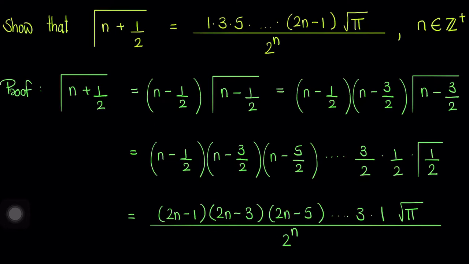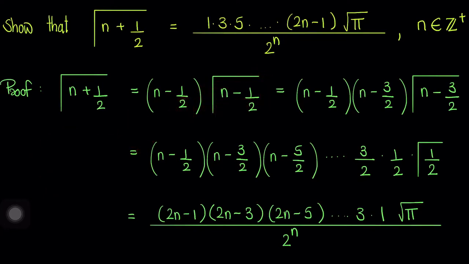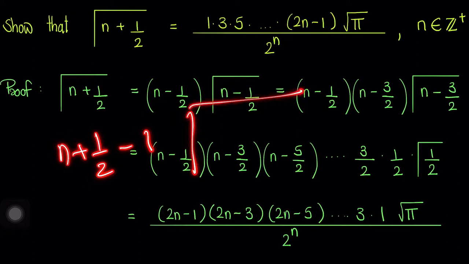Now here we are going to use the formula gamma n is equal to n minus 1 into gamma n minus 1. So using this formula, gamma n plus 1 by 2 is equal to n plus 1 by 2 minus 1 times gamma n plus 1 by 2 minus 1.